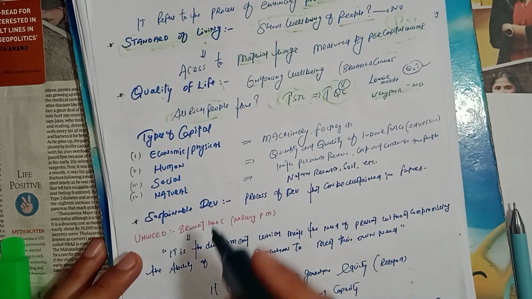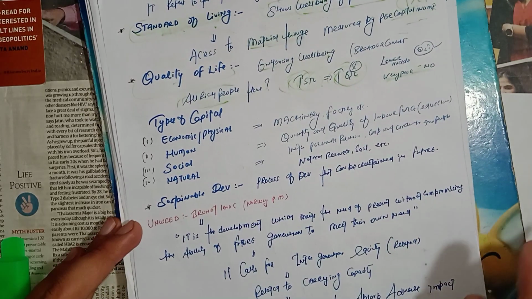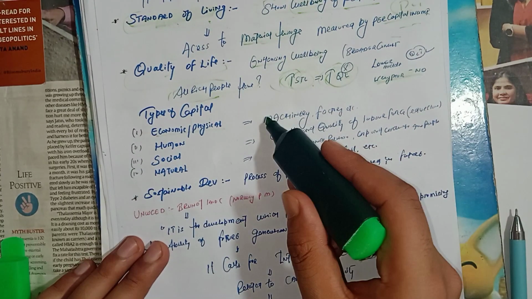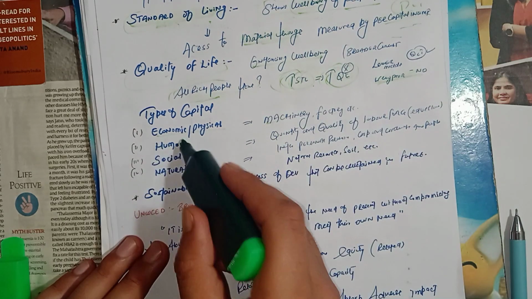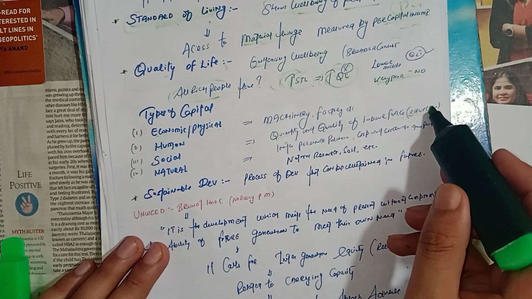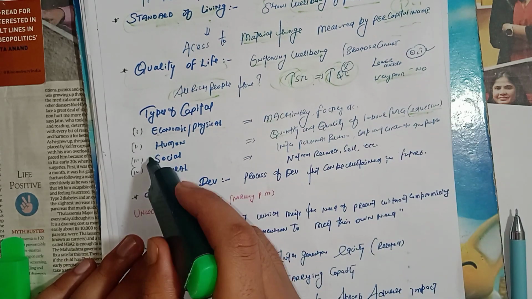Now, types of capital. What are the different types of capital? Economic capital means machinery, factory, etc. Human capital means quantity and quality of labor force, education, skills, and all this kind of thing.